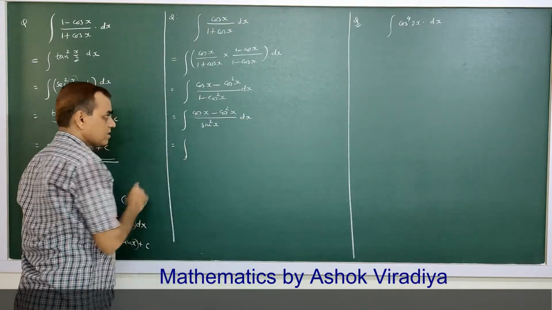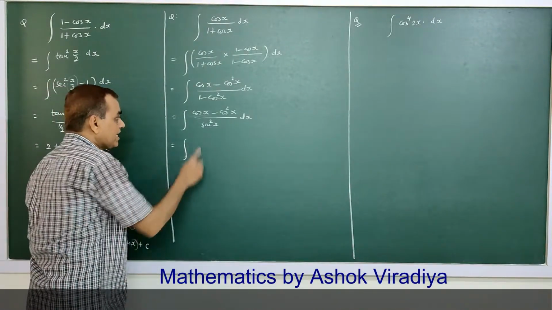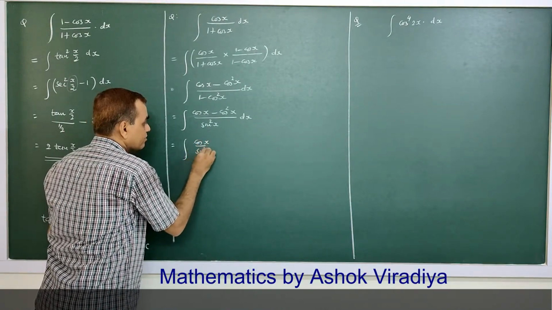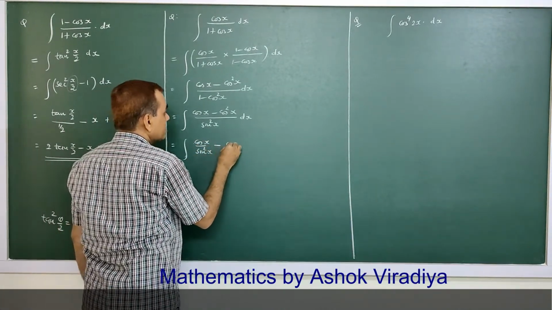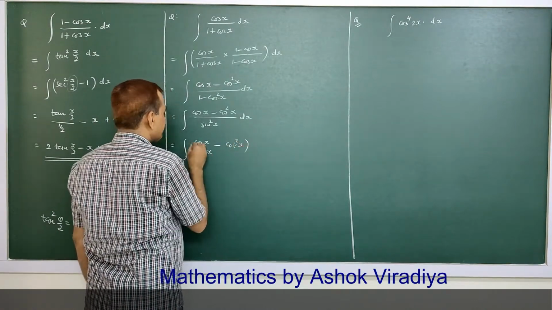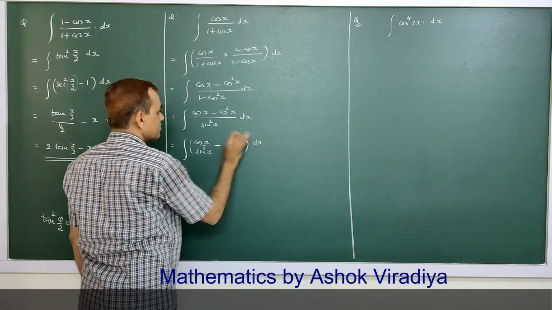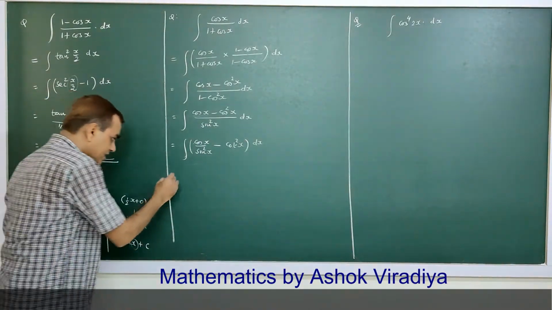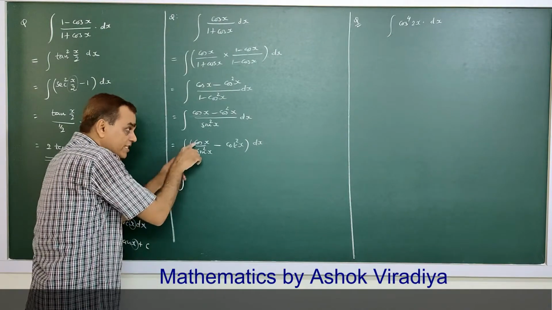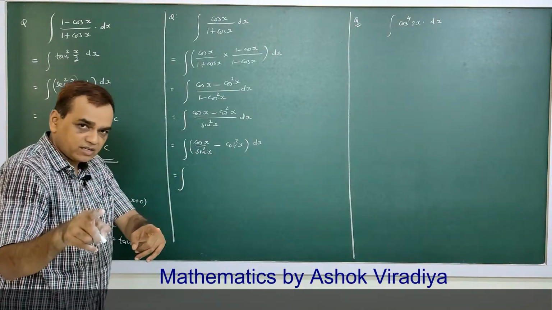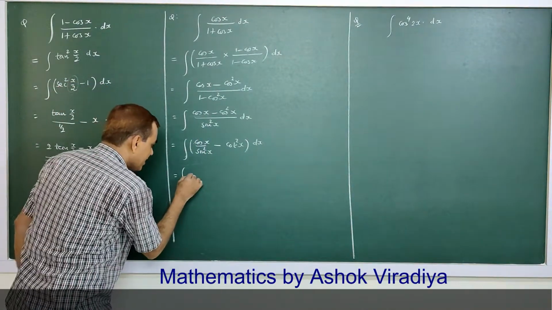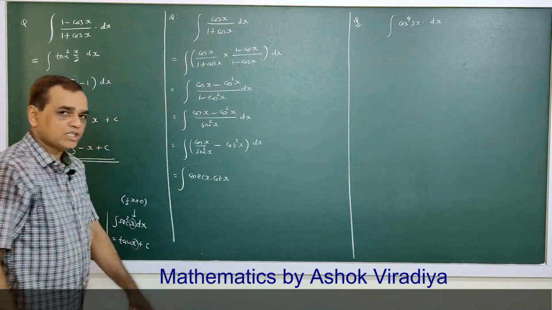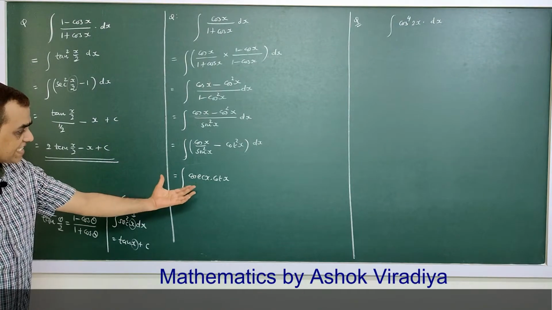So it is cos x by sin square x, divide individually, cos x by sin square x minus cos square by sin square, cot square x. And see, as discussed previously, whenever cos x by sin square is given, replace this by cosec x into cot x.